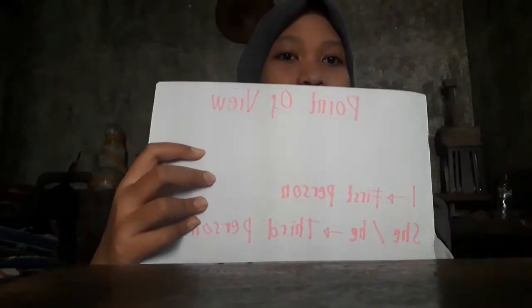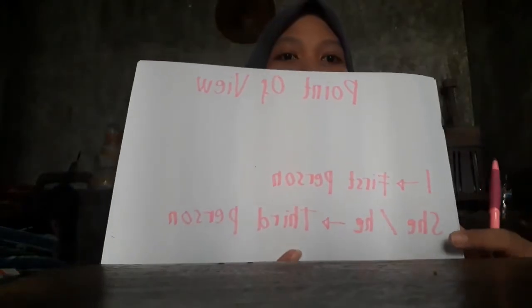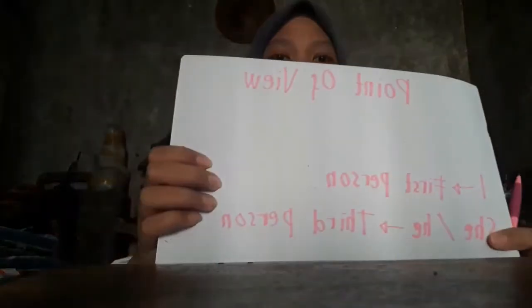I is the first person. So when you write the story with I, you are the first person in the story. And then she or he is the third person. So when you write she or he in your story, that's a third person.